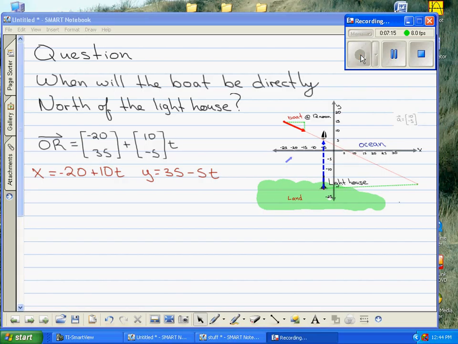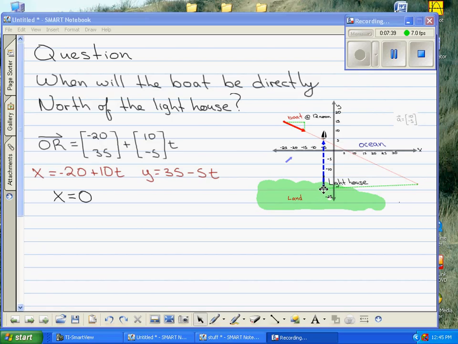So the first thing I do is look at my picture. Looking at this picture, I'm trying to find out at what time this boat will be directly north of the lighthouse. Well, first of all, using the parametric equation, how far is this boat east or west of me? You can see it's 0 units, so that means x is 0.